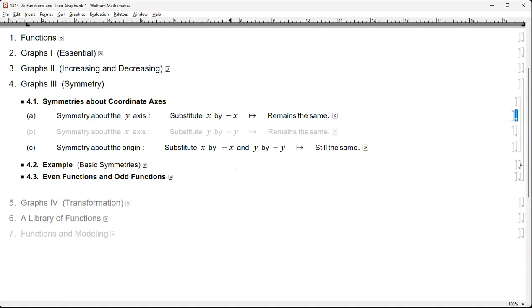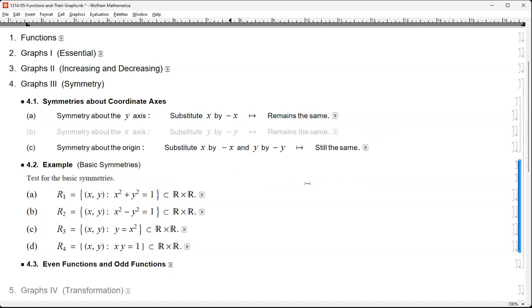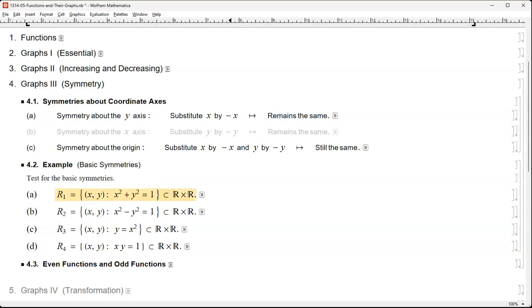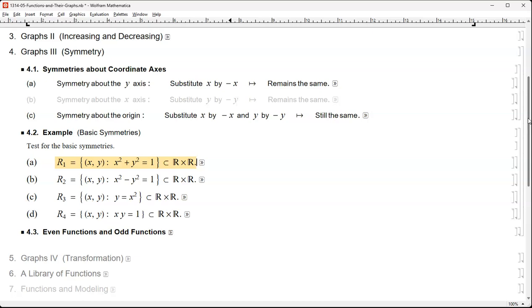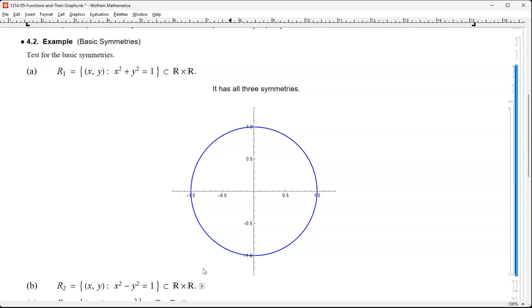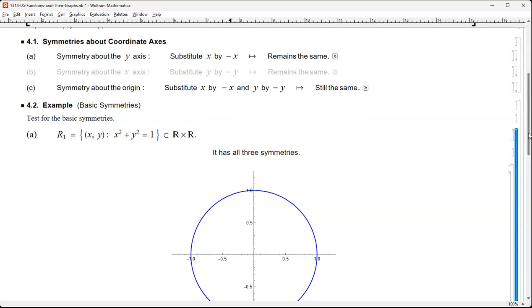Let's go through the actual examples. These are all examples from lesson 4. We have a double variable equation, so we have a relation, not necessarily a function. If you graph it, you get a circle, and it has all three symmetries.